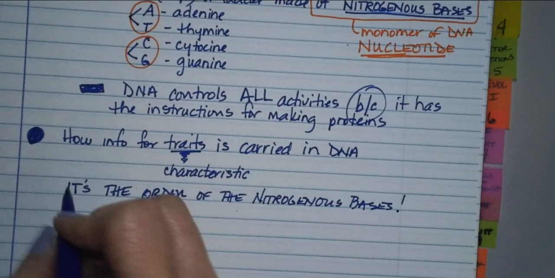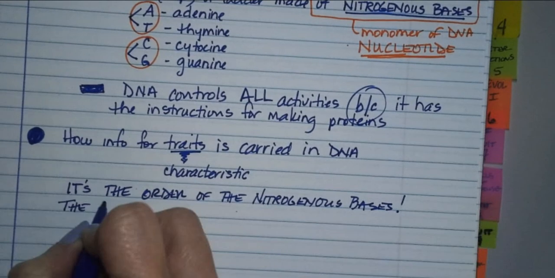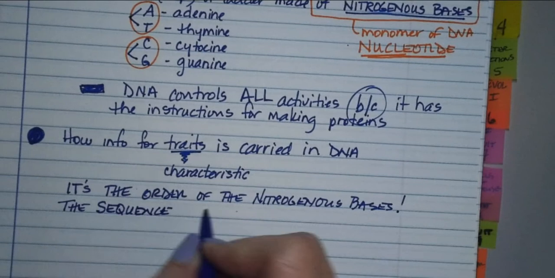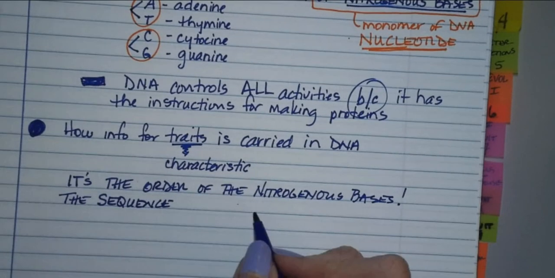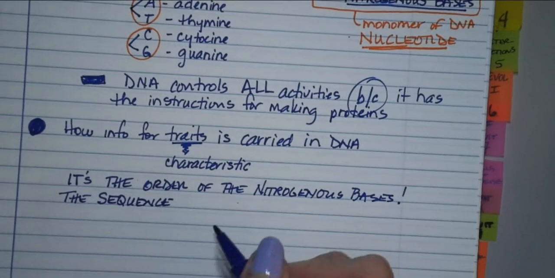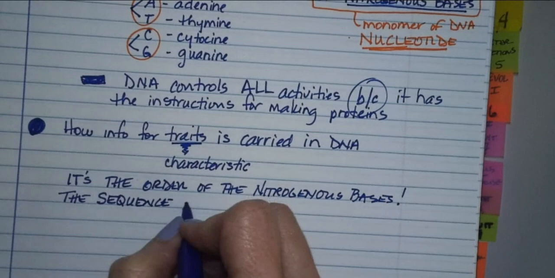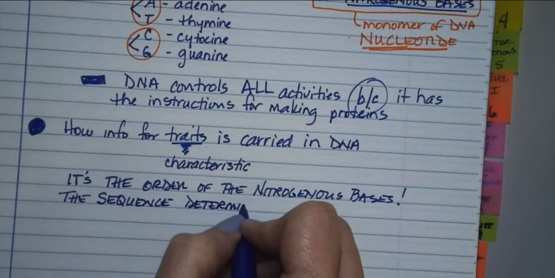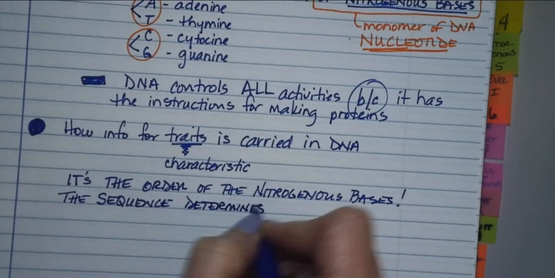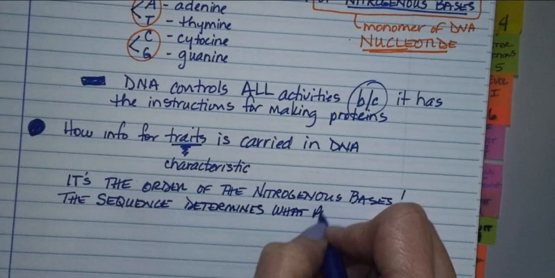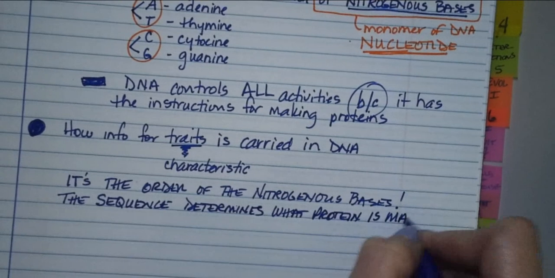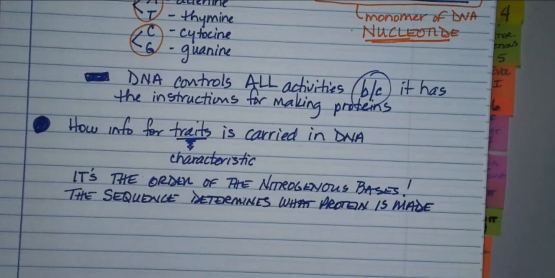The sequence determines what protein is made. Okay, do you guys know what the word sequence is? It's the same as saying the order. You can say 1, 2, 3, 4, or alphabetic sequence. Something in order. So when we talk about that, what we're saying is it's the sequence of letters.